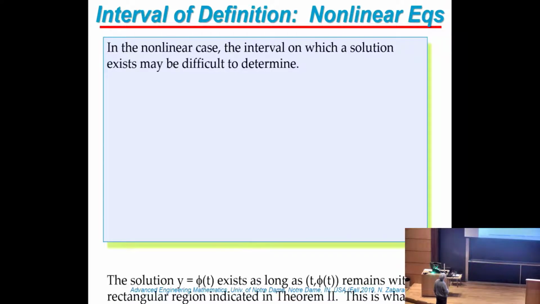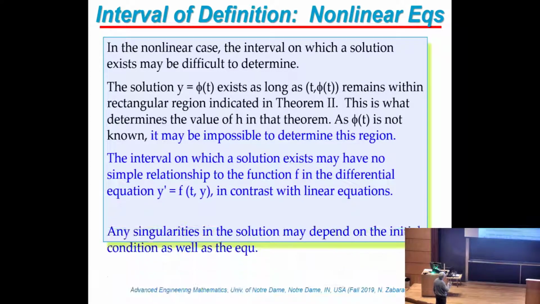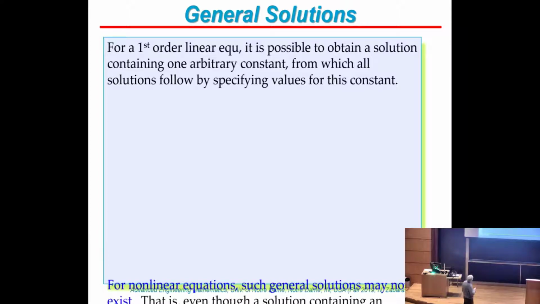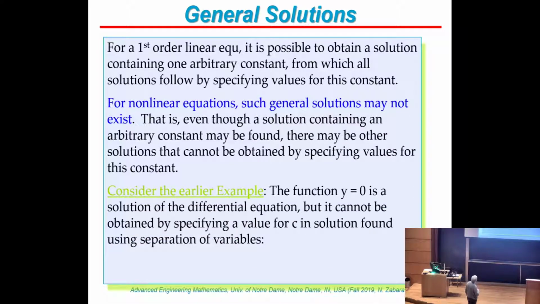All right. So we talked about this interval, so I am not going to go back. You remember we said there are three major differences between linear and nonlinear equations. One was with the two theorems for existence and uniqueness. They were very different.